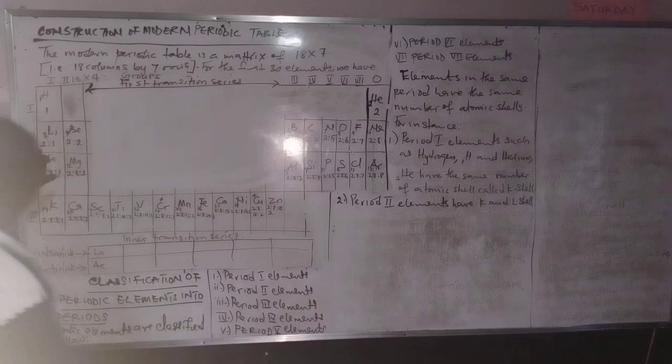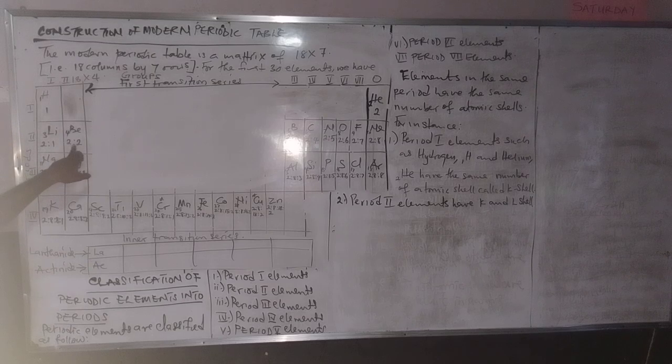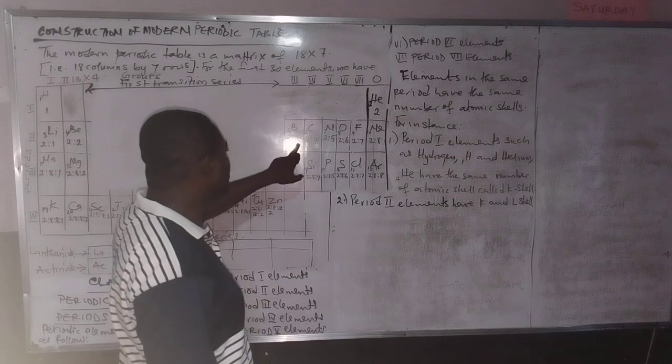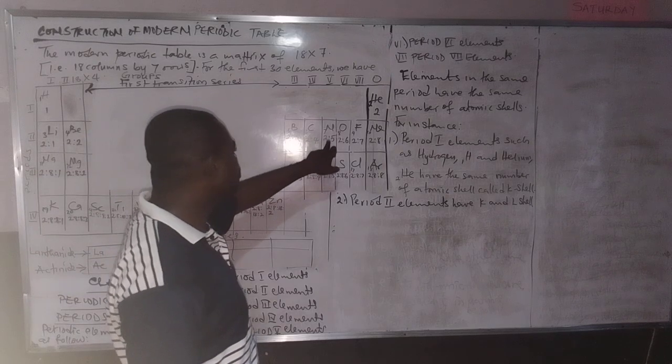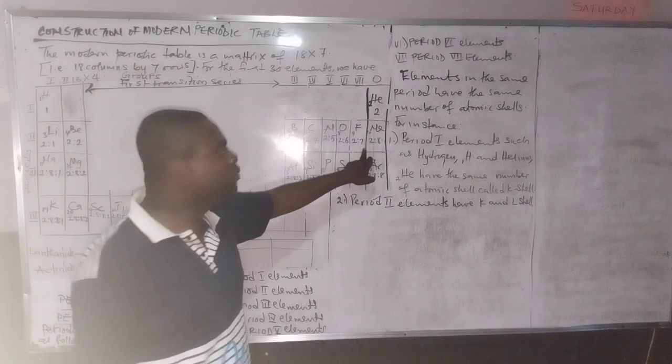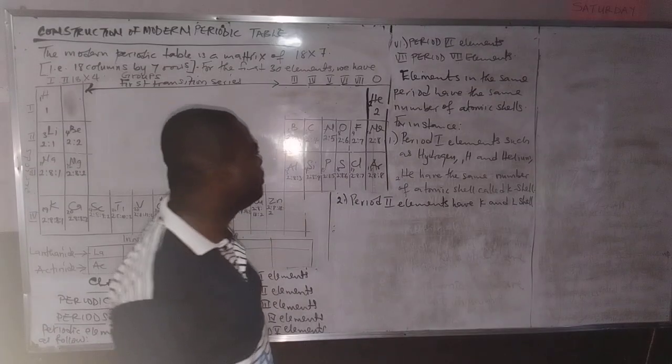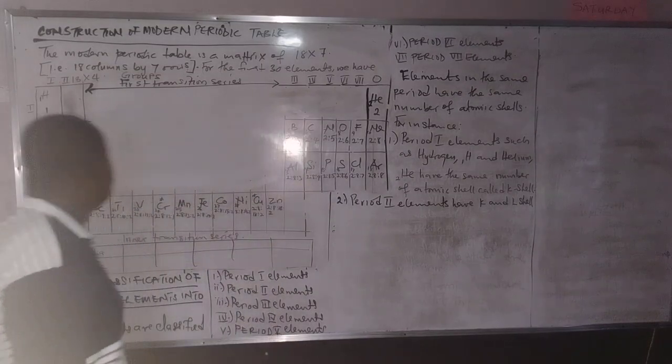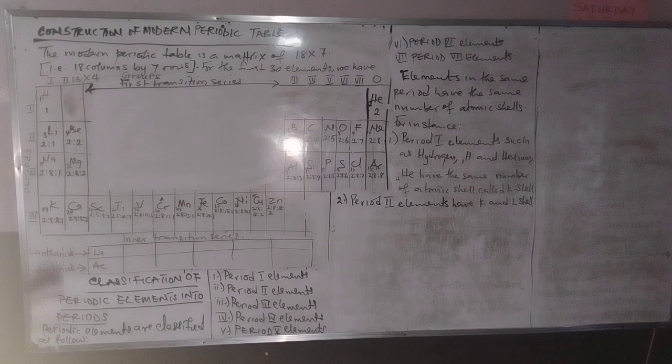When you write the electronic configuration, you have 2 digits. 2:1, 2 is in K shell, 1 is in L shell. 2:2, 2 in K shell, 2 in L shell. 2:3 for boron, 2:4 for carbon, 2:5 for nitrogen, 2:6 for oxygen, 2:7 for fluorine, 2:8 for neon. So because they have two digits, the number of digits in the electronic configuration is the period the element belongs to. So all of these belong to period 2.